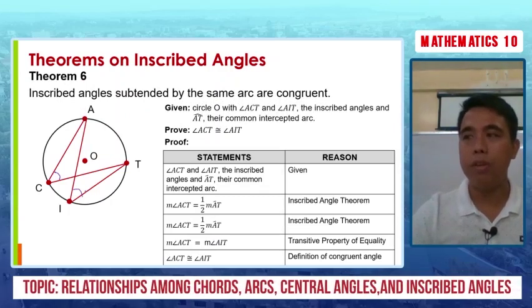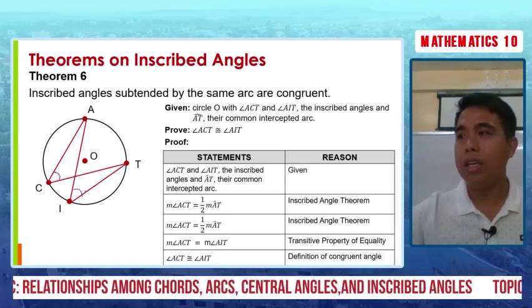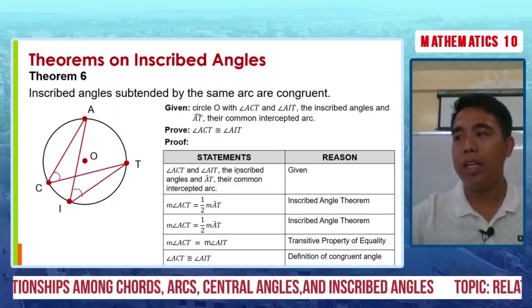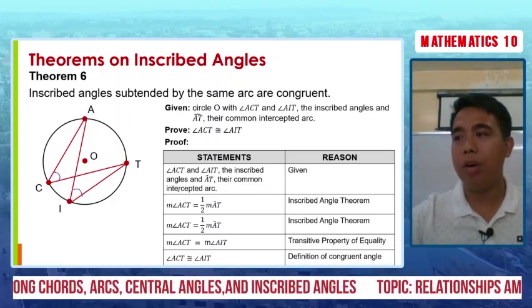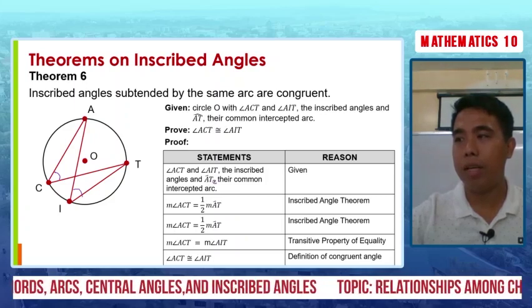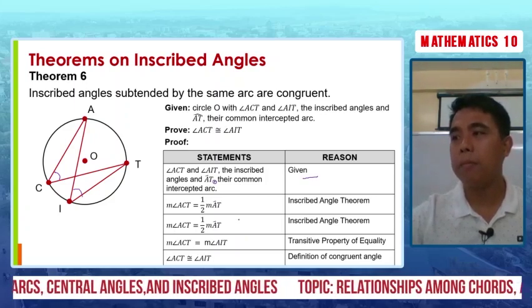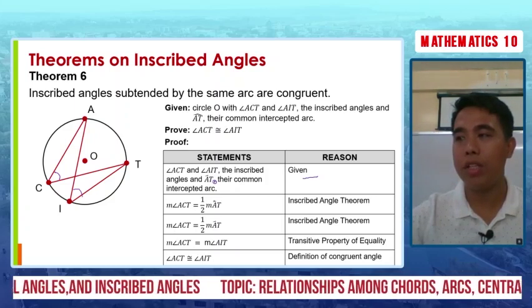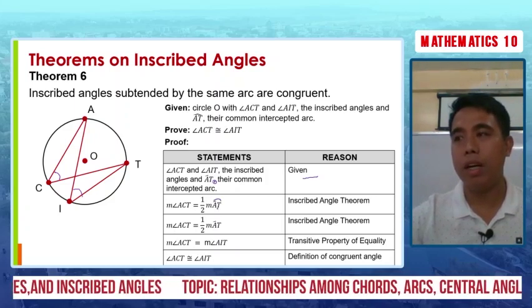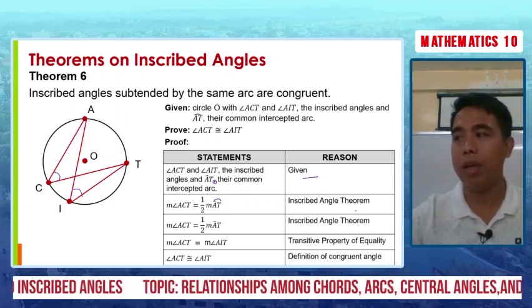This is the proof. Angle ACT and angle AIT are the inscribed angles, and AT is their common intercepted arc. Given, the measure of angle ACT is equal to 1/2 the measure of the intercepted arc AT, by the inscribed angle theorem.